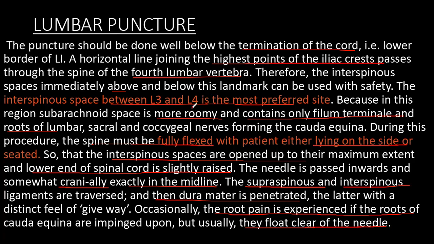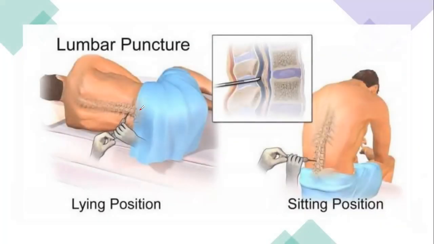You should understand that the most preferred level for the needle is between L3 and L4. I told you the spine must be fully flexed, so the patient can lie on the side as shown or be seated. Okay, you want the needle to go through there, and you obtain some CSF, maybe to run a diagnostic procedure.